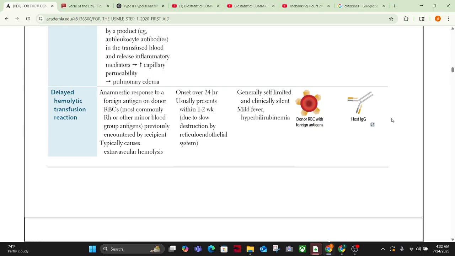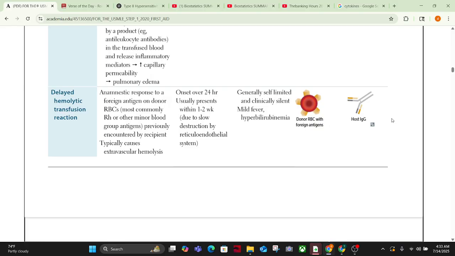This causes Rh antibody from the recipient to kill Rh antigen on the host by hemolysis in the spleen. I'll say it again.